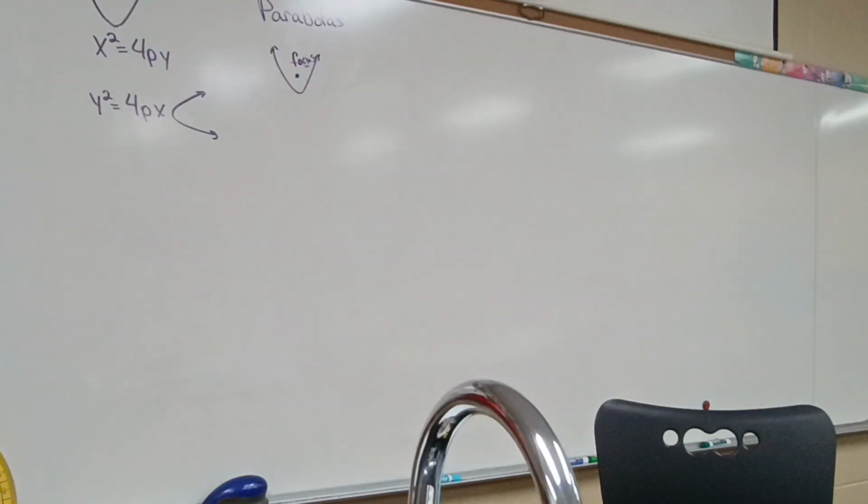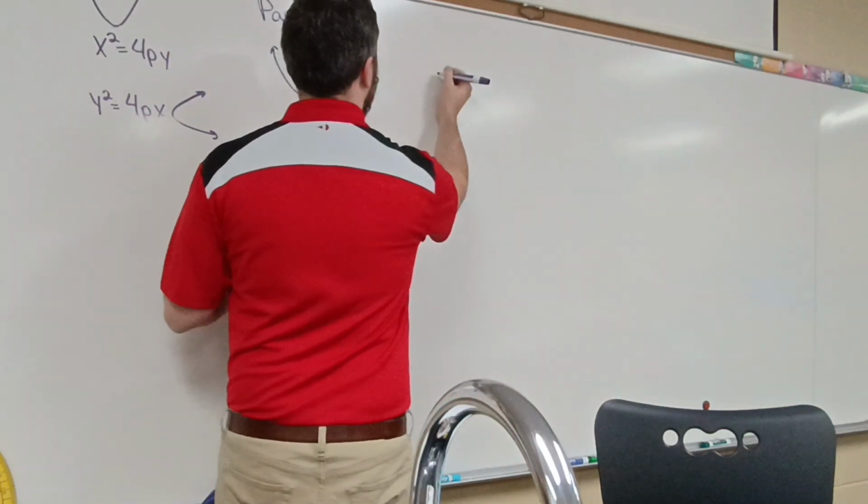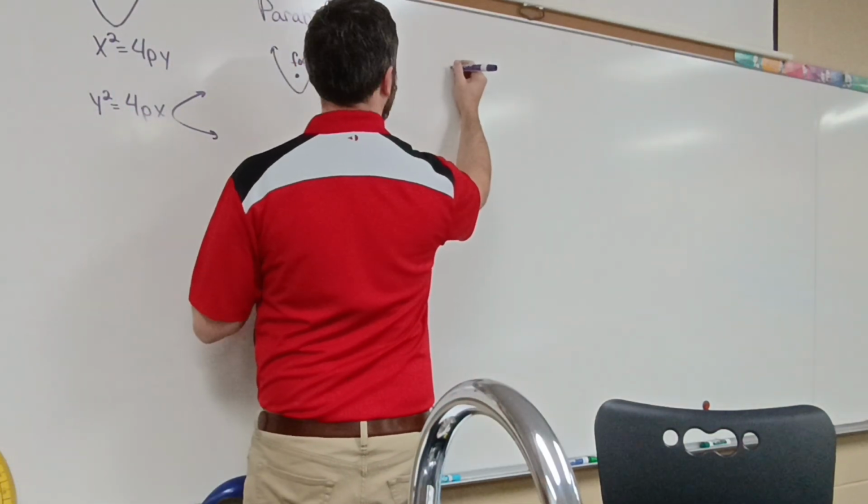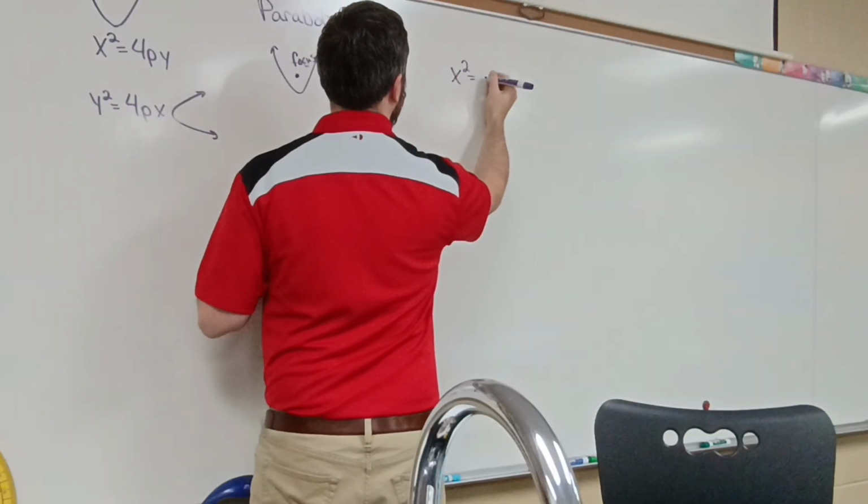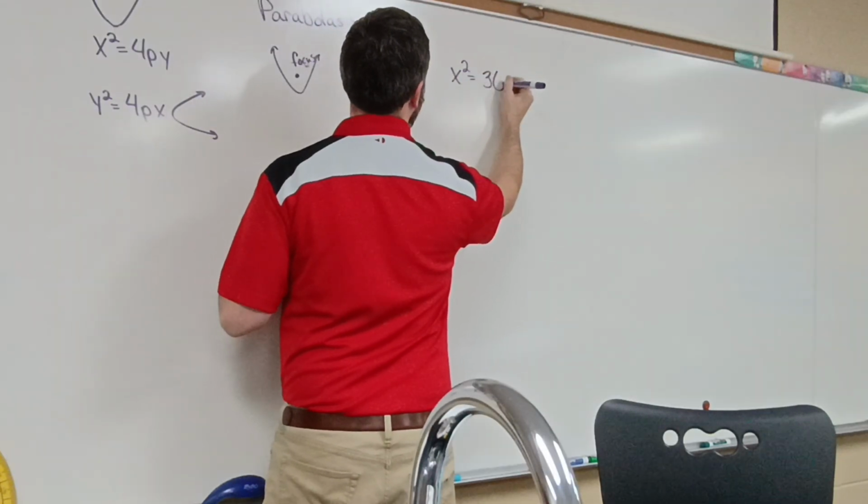So let's do two examples together. Then I'll have you guys do this worksheet in class. We'll go over it, and then we'll do the next thing that we're going to do. Sound good? So given our first parabola, let's do x squared equals 36y.